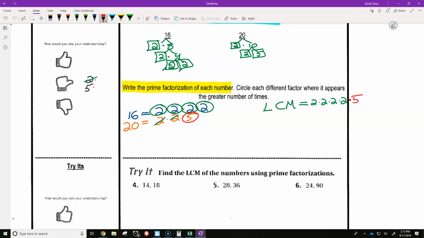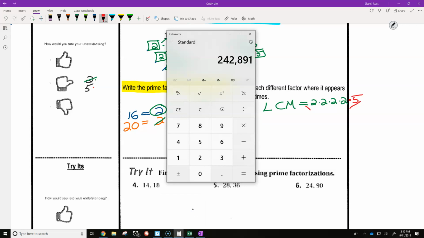Okay? I now multiply all this. And if I need to, I use my calculator. And I do 2 times 2 times 2 times 2 times 5.